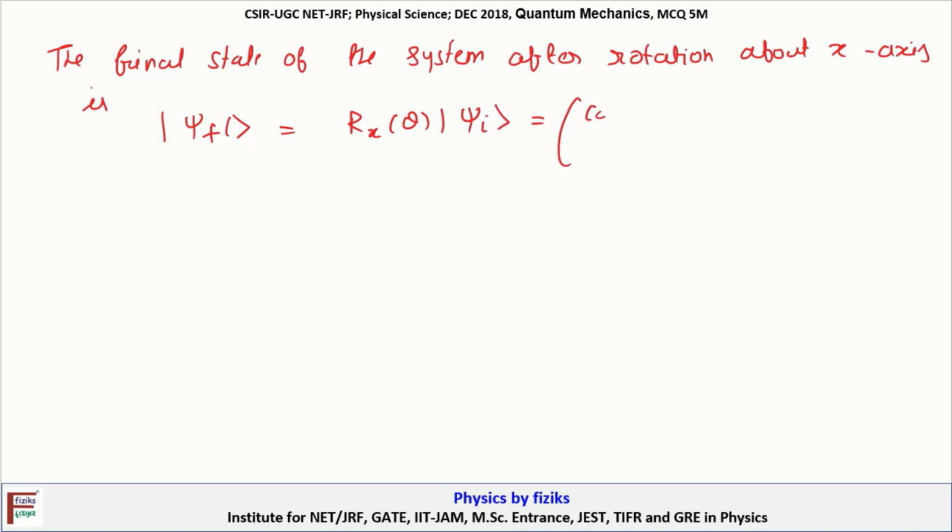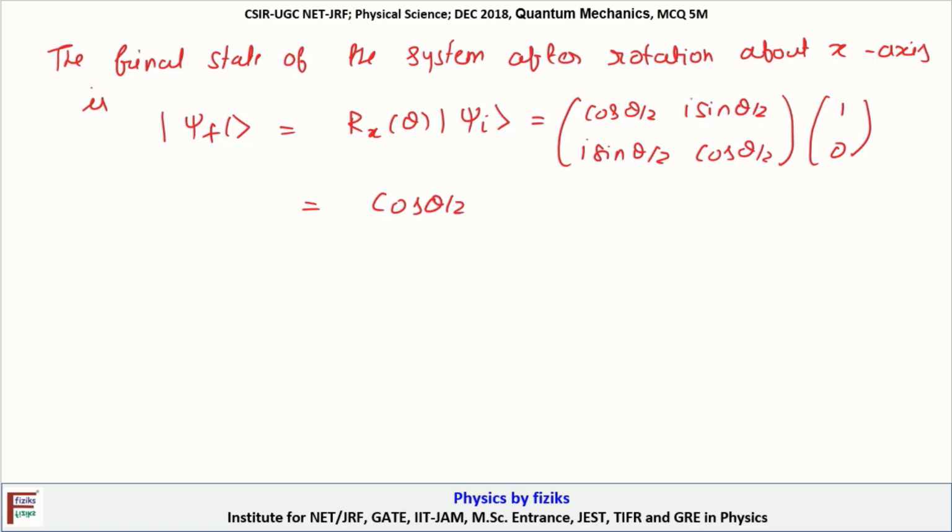R_x(theta) would be that matrix times (1, 0). That means (cos theta by 2, i sin theta by 2), which can be written as cos theta by 2 in the up state plus i sin theta by 2 in the down state.